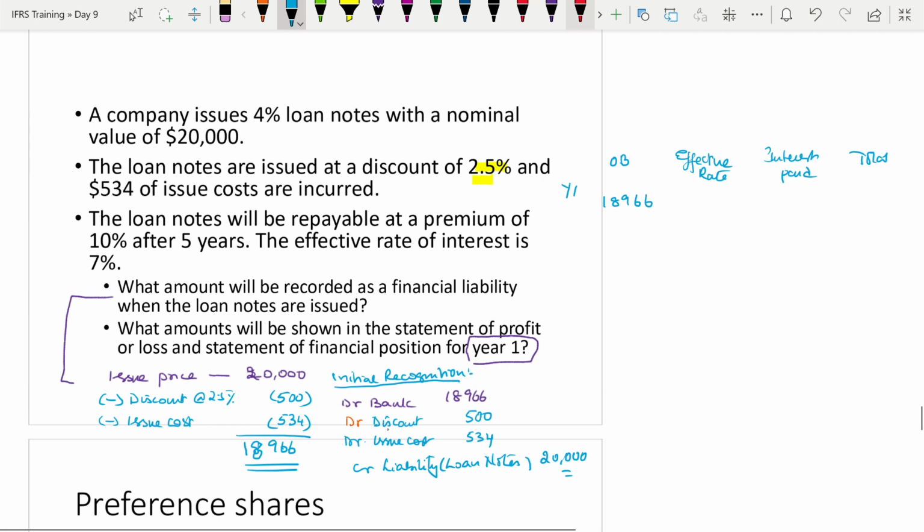Effective rate, what is the rate they have mentioned? 7%. How much? 1,327. Good. Next, interest rate, how much? 4%.